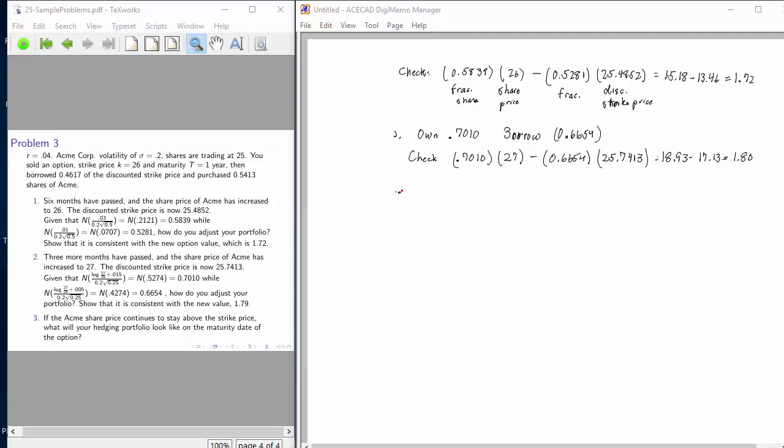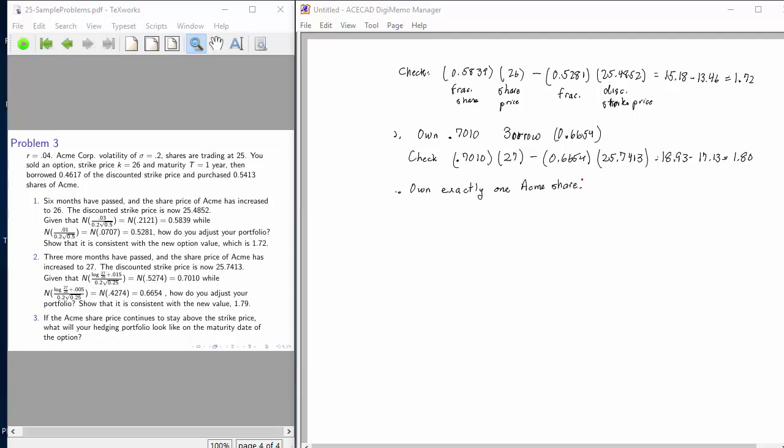Okay, what's going to happen if we take this to the limit? Well, you can see I've been owning a larger and larger fraction of a share, and if Acme continues to do well and I discover that this option is going to be in the money, I want to end up owning exactly one Acme share.